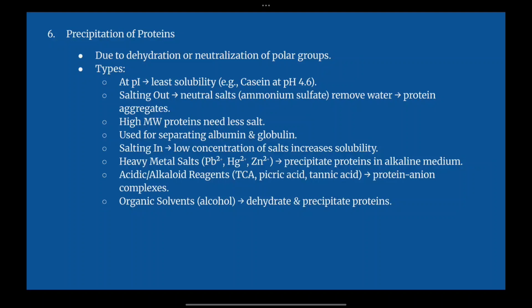Isoelectric pH shows less solubility, so the precipitate that is formed can be determined here. If casein has a pH of 4.6, there is formation of precipitate and the protein precipitate is obtained.